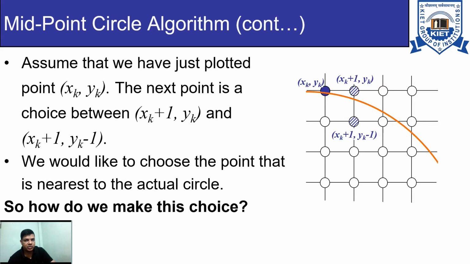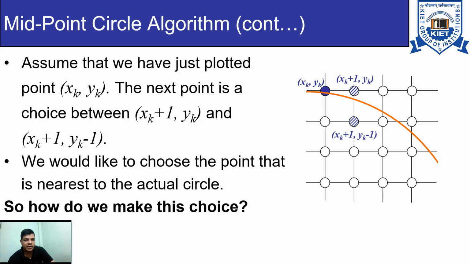So you can see from the figure, we will start from this point, and this point is denoted as xk comma yk. And one thing we have to remember in the midpoint circle algorithm is that we will start drawing the circle from the origin.